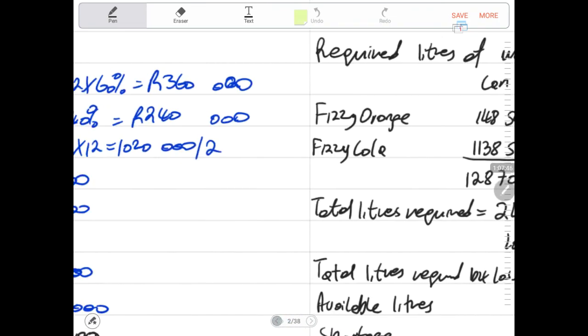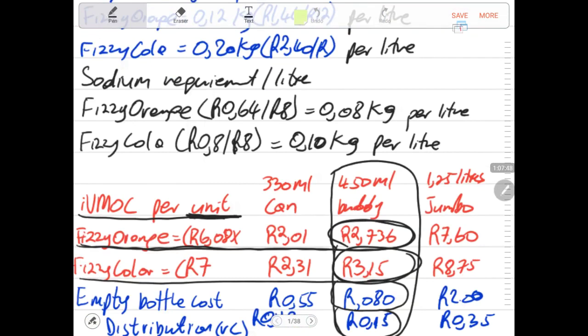Let me just check, 8 cents or 80 cents? Definitely this is 80 cents. It was 0.80 and 15 cents.